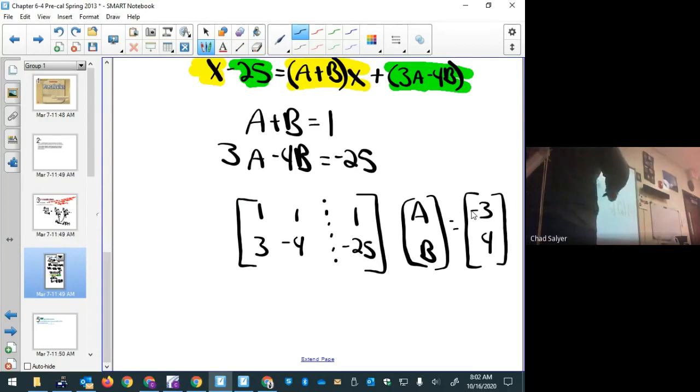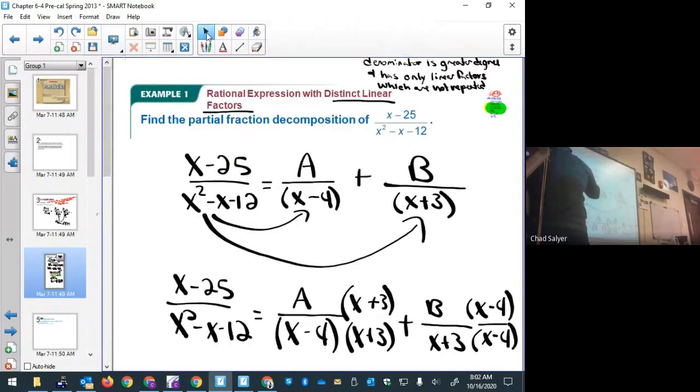Meaning our original rational expression. So I'm just going to steal this right here so I don't have to rewrite it.